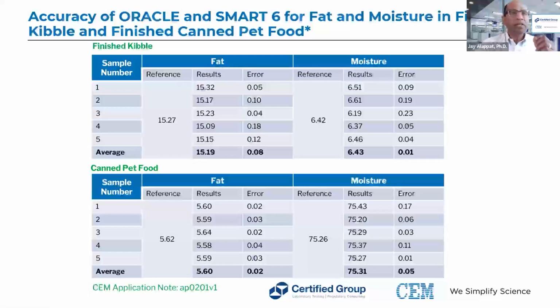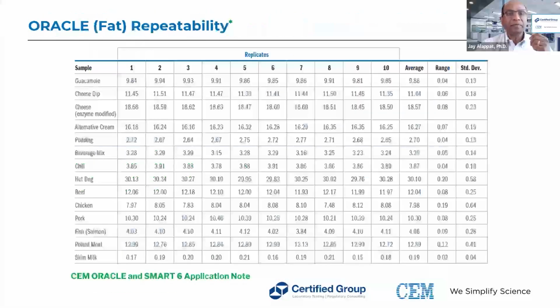So the point here is that seeing this level of agreement across different product types provides the confidence that I need before we release the results to the customers. Next slide, please.